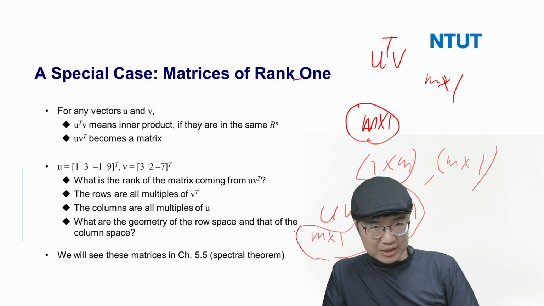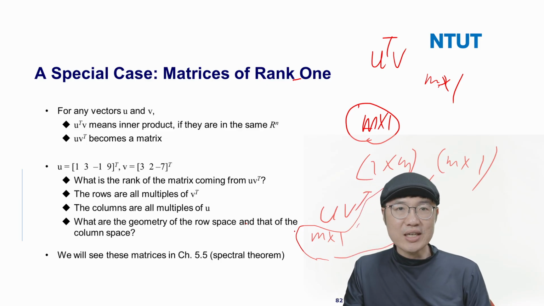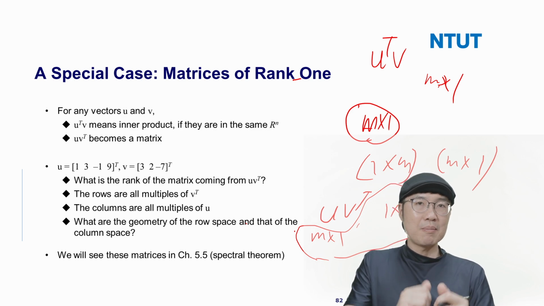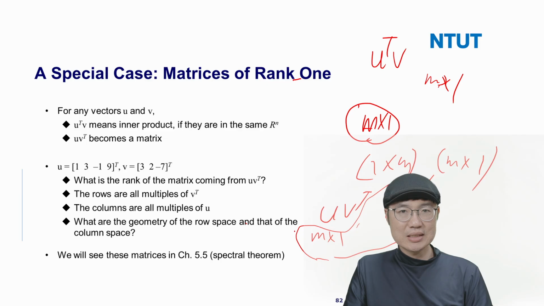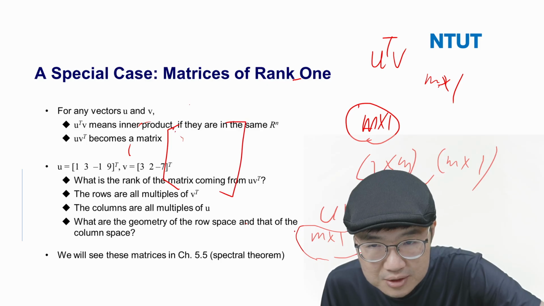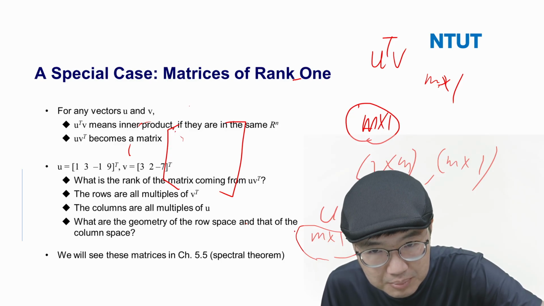But this matrix is rank 1. Yeah, it's like the building block in the matrix multiplication. Because the u v transpose in this case can be found by, first, u is 4 by 1 and v is 3 by 1.